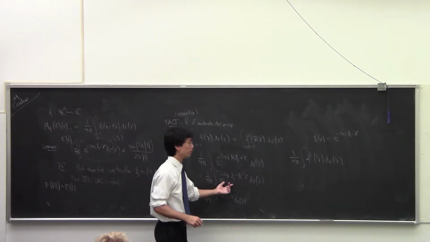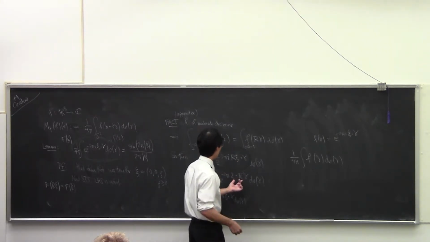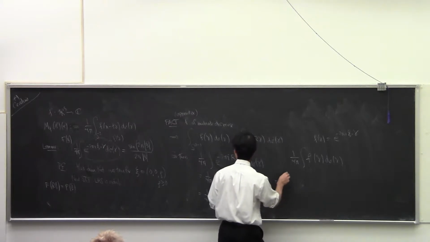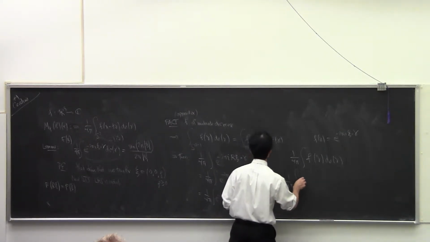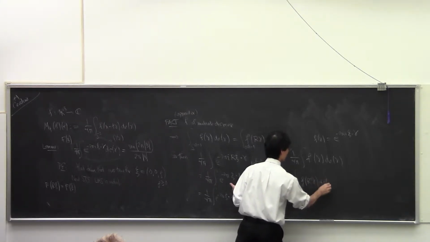So now what we have here, we can write as the integral of f of the inverse rotation of gamma.